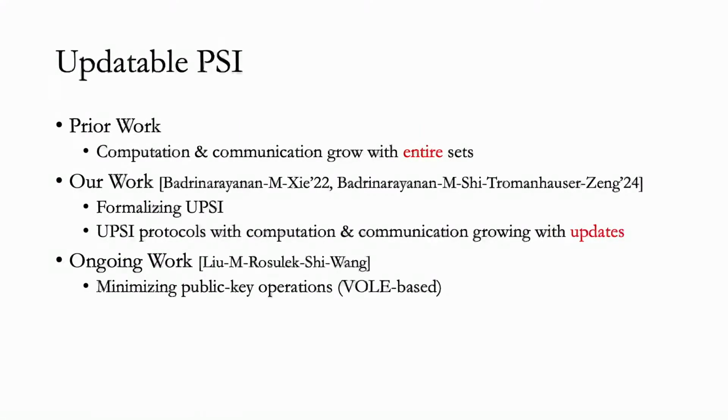Basically, you have to run everything from scratch. It doesn't support any updatability. Okay? And this motivates our initial work to formalize this notion of updatable PSI, and also in our follow-up work, we gave updatable PSI protocols where computation and communication only grow with the small updates rather than the large sets.